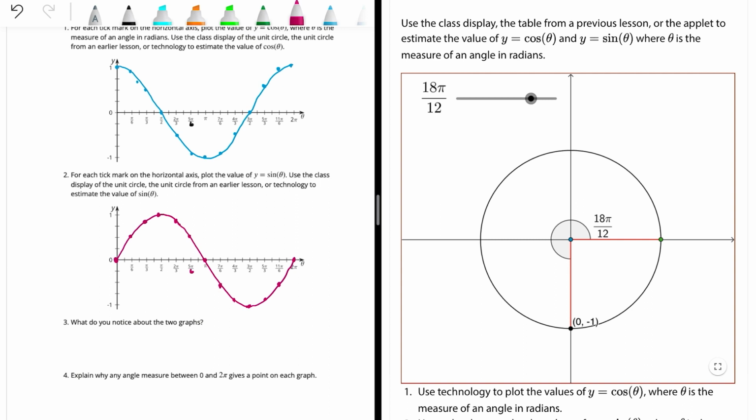So cosine starts at the maximum, where sine starts in the middle. Right? And then cosine starts off decreasing, sine starts off increasing.